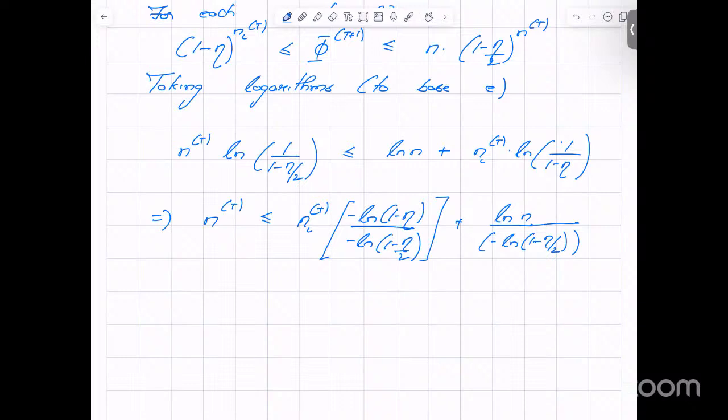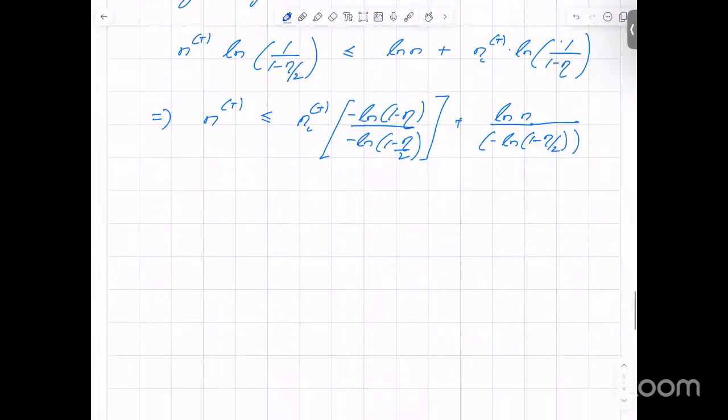So far, so good. So let's now use the Taylor series for ln 1 plus x. You know what the Taylor series for ln 1 plus x is?